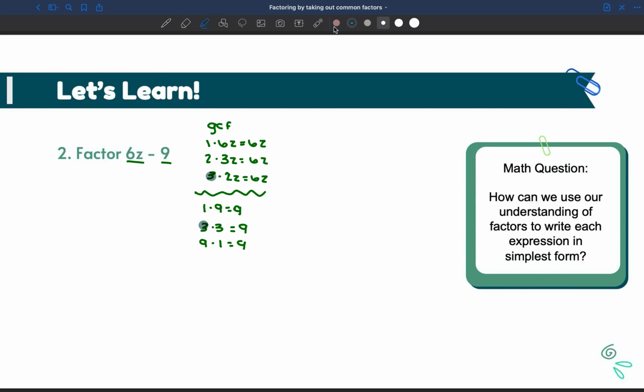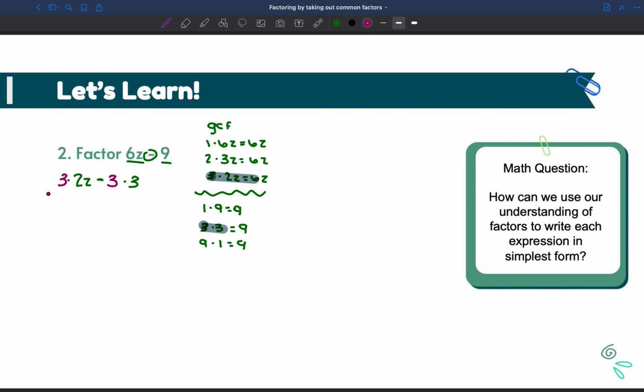So now that we know that, we're going to take these numbers and rewrite it. So now instead of having 6z, we now have factored 3 times 2z, and it was a minus sign, so now we put a minus in the middle. And then for the 9 we had 3, remember 3 was our GCF, times 3.